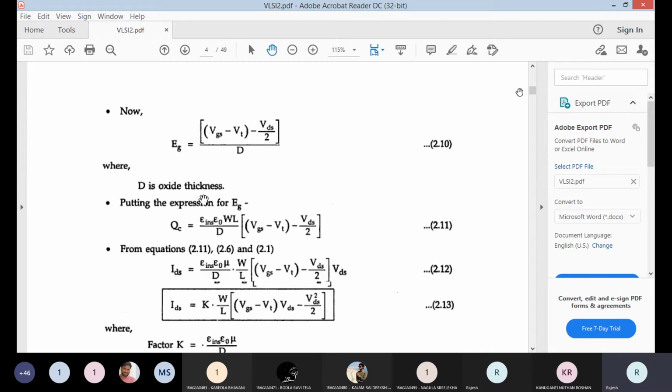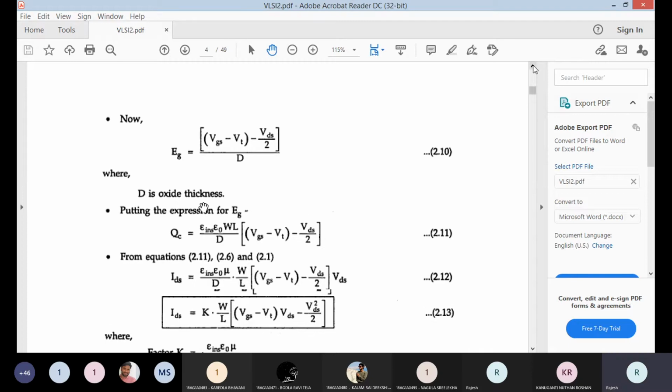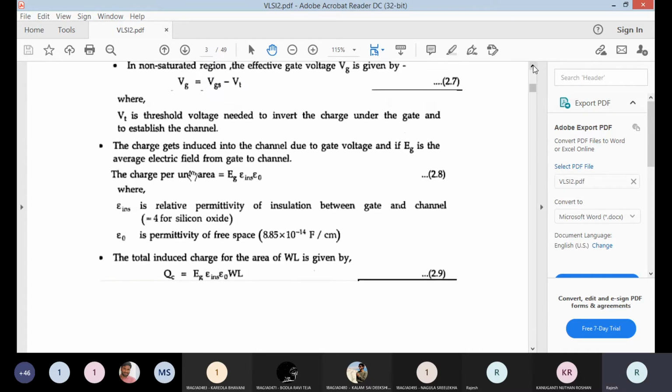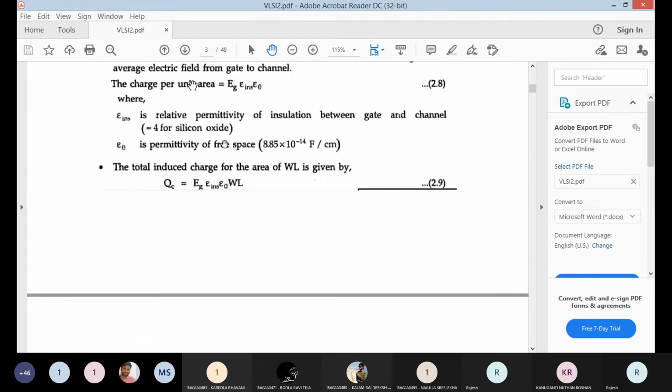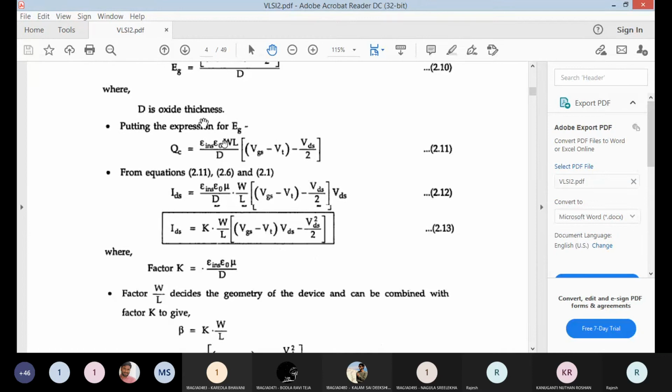If you see equation 2.6, tau SD is L square by mu into VDS. IDS is QC by tau SD, so below which you substitute L square, the denominator mu into VDS goes to the numerator.